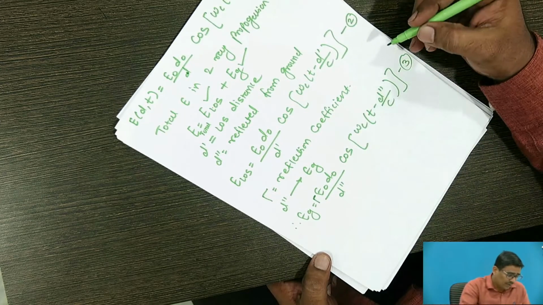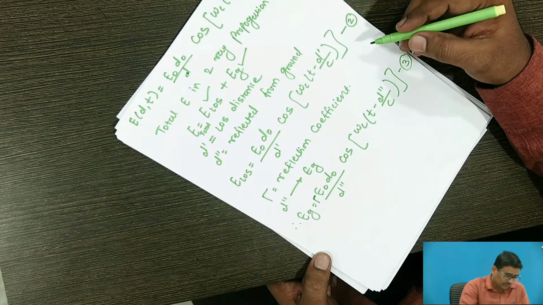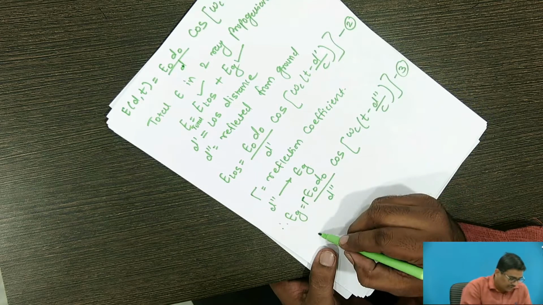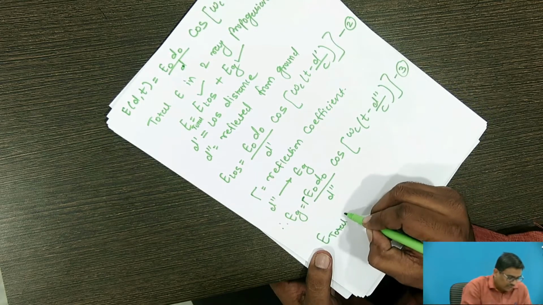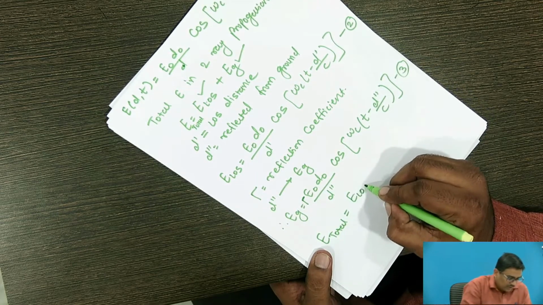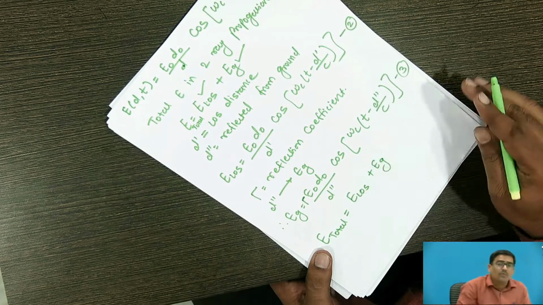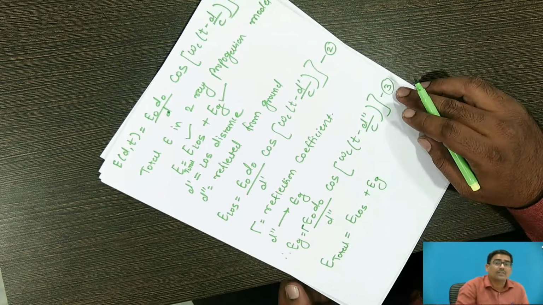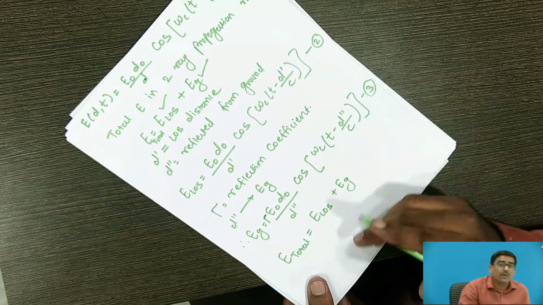Now we want to add these two, this is E_LOS and this is E_G. What is the formula for E total? E total is equal to E_LOS plus E_G. We know that E_LOS is from equation number 2 and E_G is from equation number 3. Therefore we put these values into this equation.